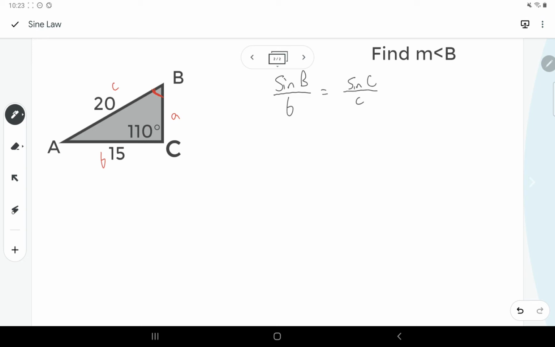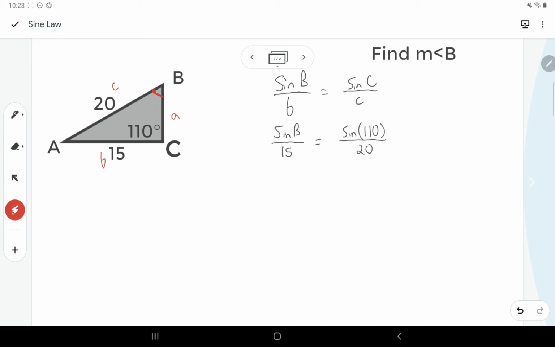So now we've got a formula. We just have to stick some values in it to solve it. So let's rewrite it with all the values in it. So sine of, we don't know what big B is, so we'll keep it as big B. But little b, we know is 15. And that equals the sine of C, which is 110, over little c, which we know is 20.